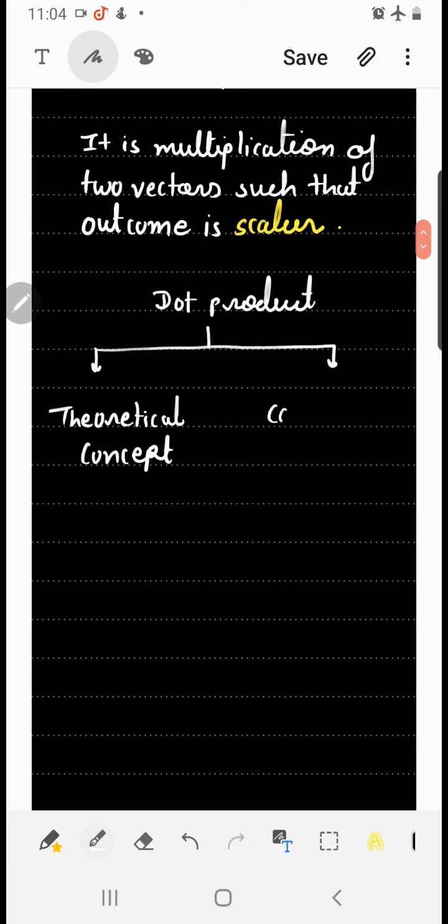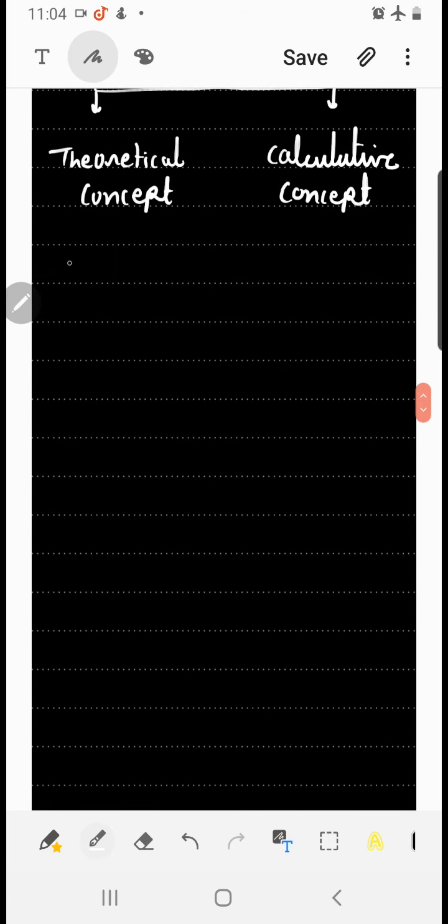I already said that the theoretical concept is the question in which we talk of dot product, but there will be no i cap, j cap, and k cap. And calculative concepts are the ones in which we have i cap, j cap, and k cap. Okay, so let's begin the discussion with the theoretical concept.